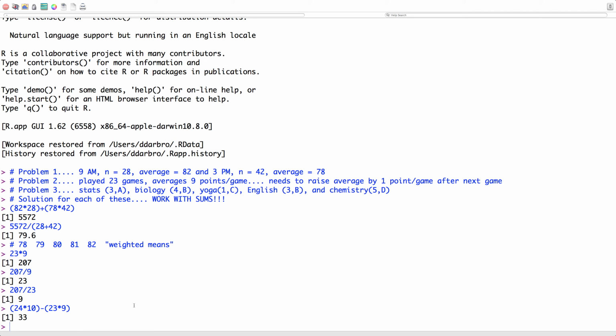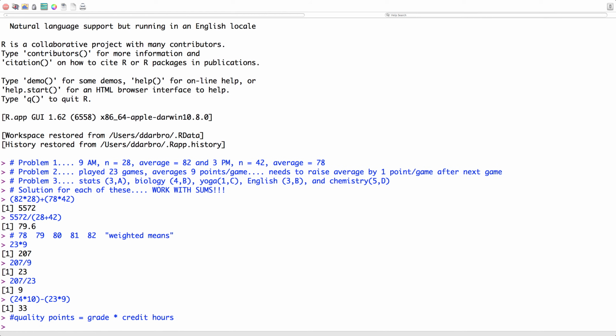All right, problem number 3. Problem number 3 is a little different because we're working with something called quality points. And quality points are nothing more than the grade times the credit hours. This very closely mirrors working with sums, with averages and sample sizes, for obvious reasons.